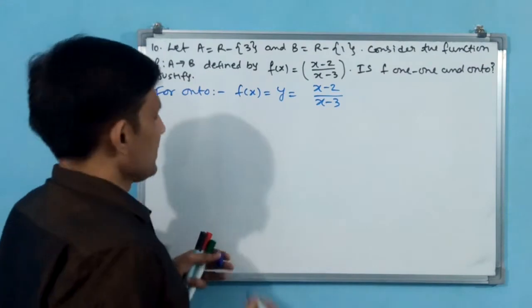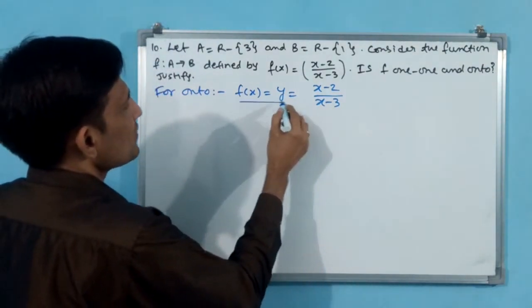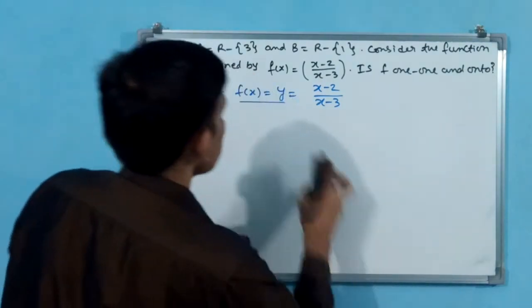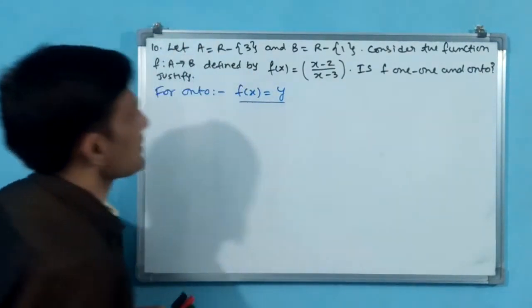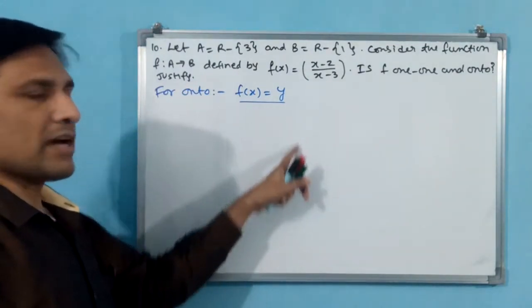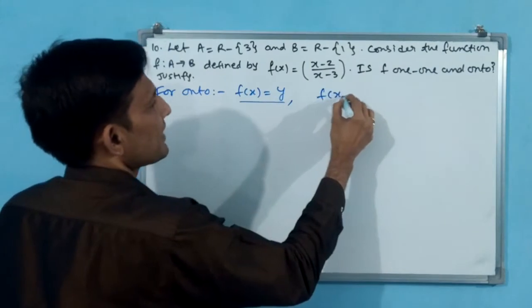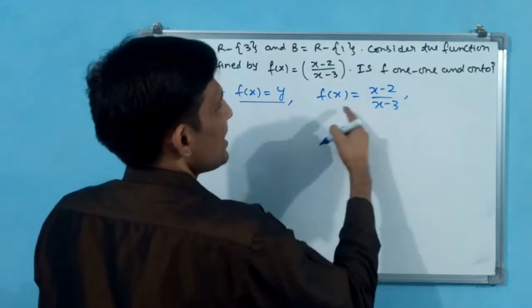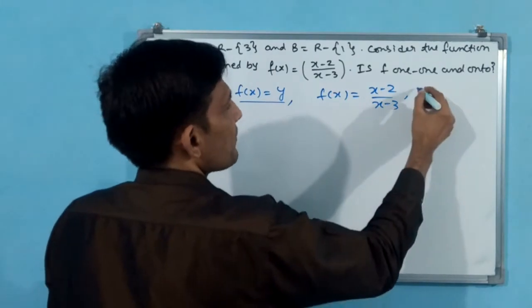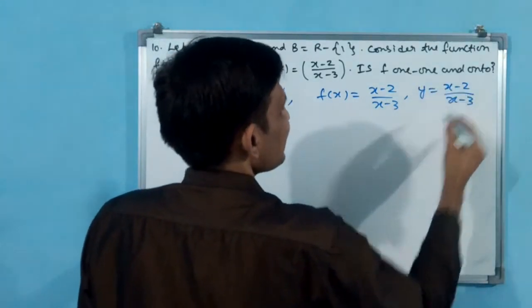Okay. f of x is equal to y, how to show? First let me write this one. For onto, we have to show that f of x is equal to y, LHS, RHS. What is f of x? f of x is equal to x minus 2 by x minus 3. But you can take this y is equal to x minus 2 by x minus 3.